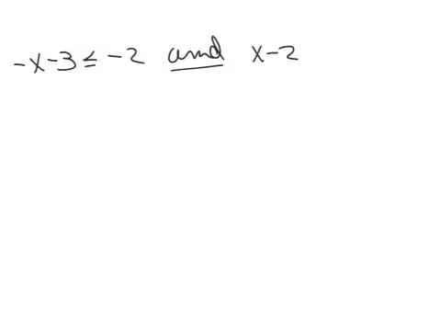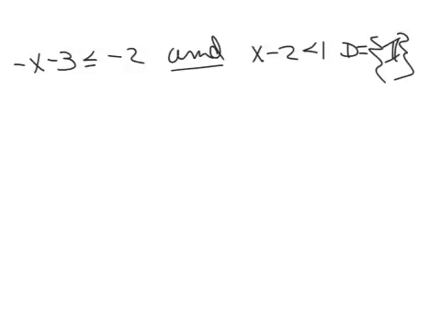So when I write an algebraic sentence, and I have negative x minus 3 is less than or equal to negative 2, and x minus 2 is less than 1, and my domain is the set of integers, so counting numbers 1, 2, 3, 4, 5, negative 1, 2, 3, 4, 5, etc., including 0.